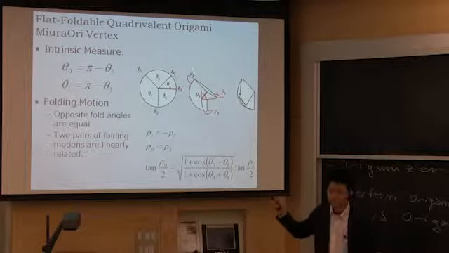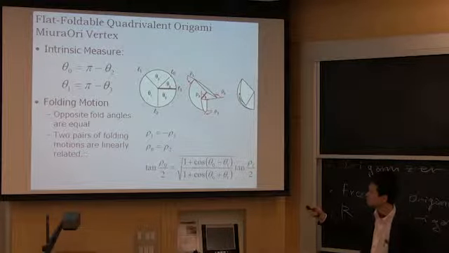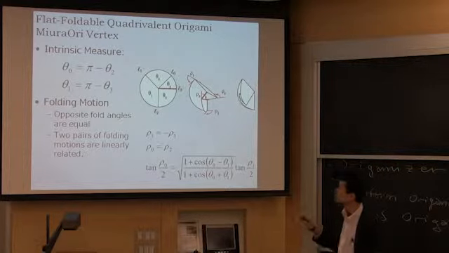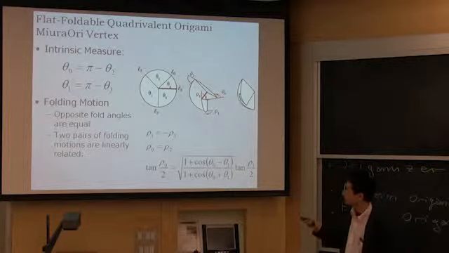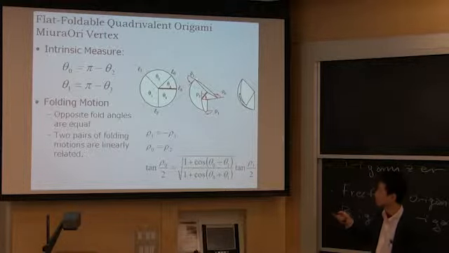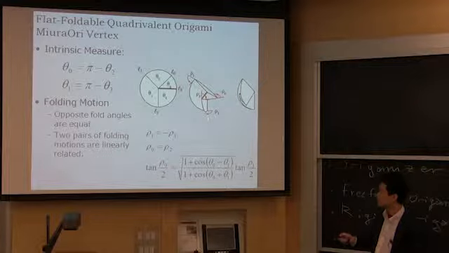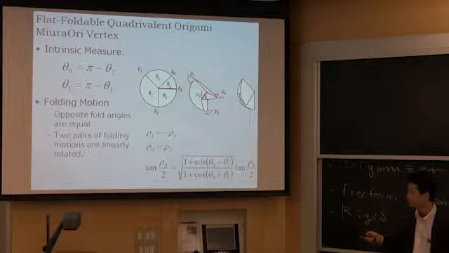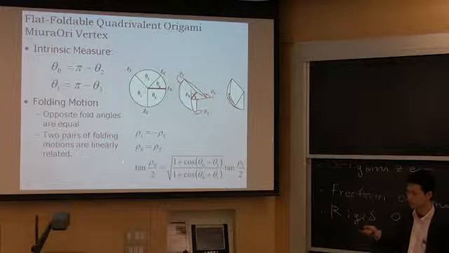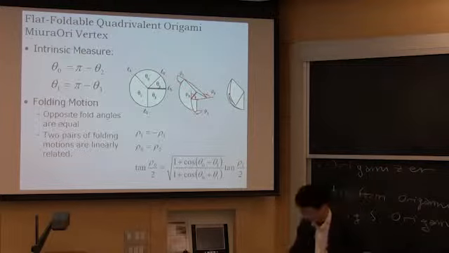If it's a flat foldable vertex, a degree 4 vertex with flat foldability, this gives a folding motion where the opposite folding angles are the same and these are the same, and also the folding angles here and here are related. If you look at the tangent of half of the angle, then it's linearly related.